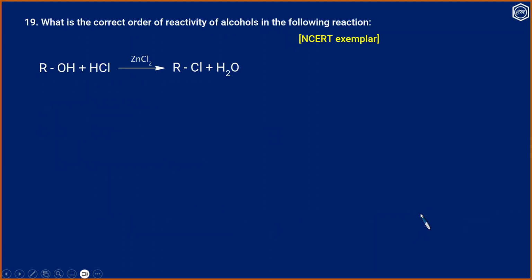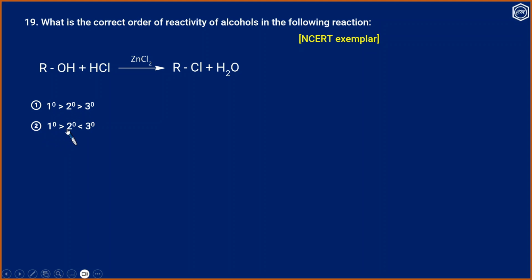Question 19. What is the correct order of reactivity of alcohols in the following reaction? ROH plus HCl in presence of zinc chloride gives RCl plus H2O. Option 1, primary greater than secondary greater than tertiary.